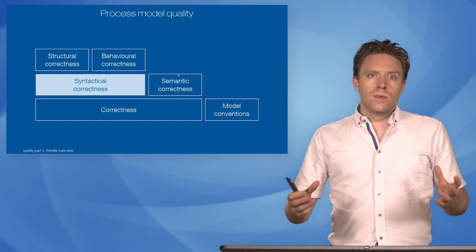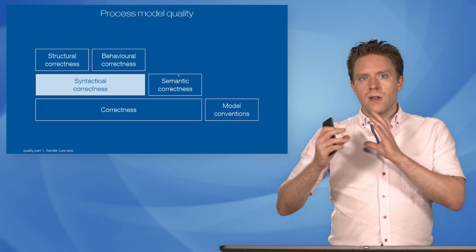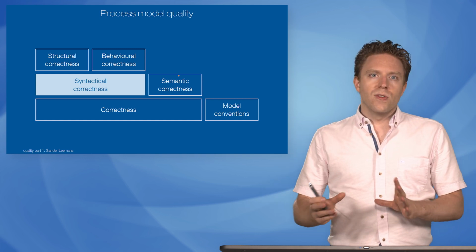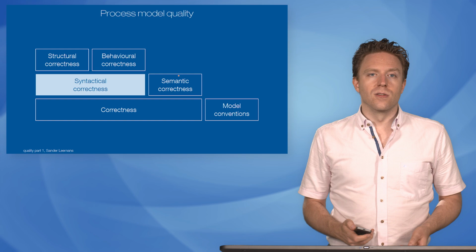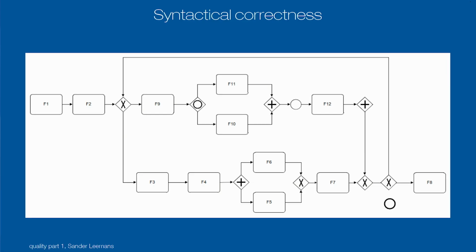This wraps up structural correctness and behavioral correctness, and together we refer to them as syntactical correctness. And to wrap up this video, look at an example of a process model and identify syntactical correctness issues. In this model, there are a couple of syntactical issues.